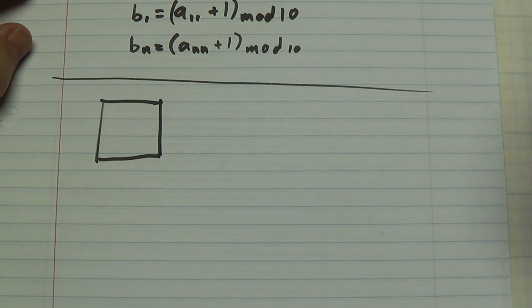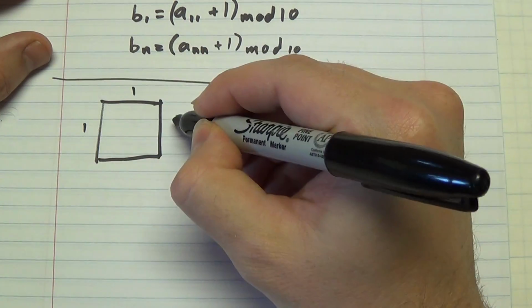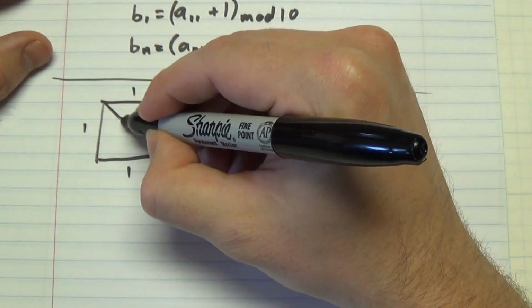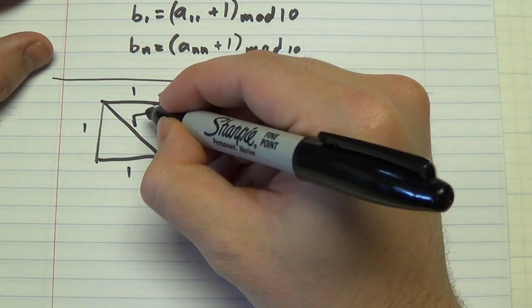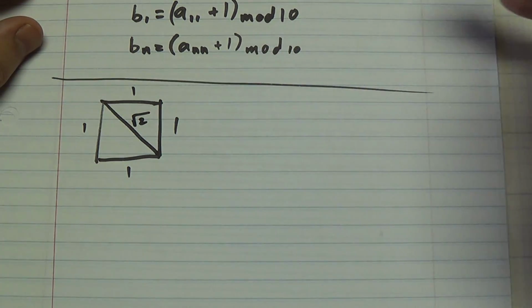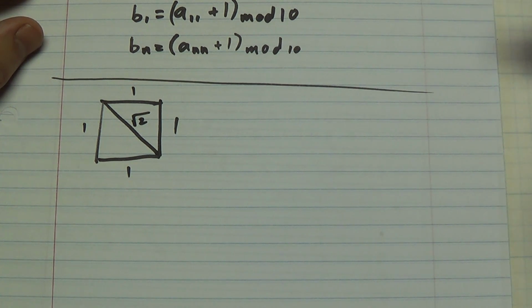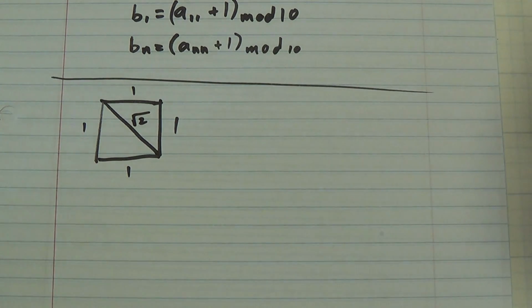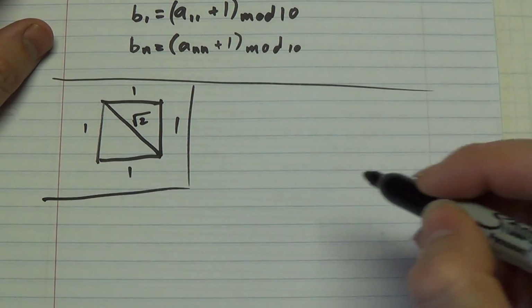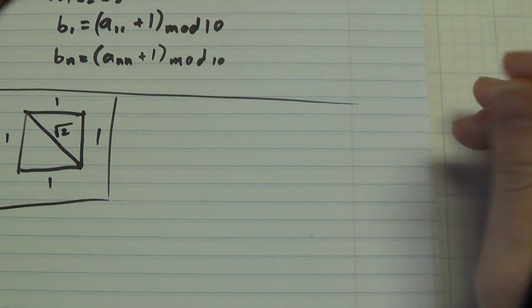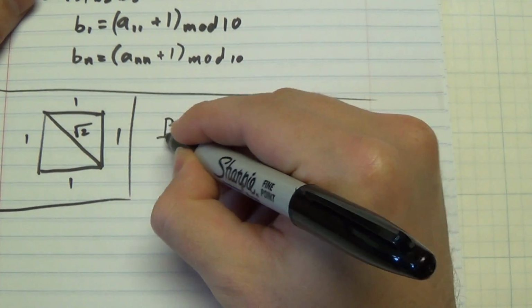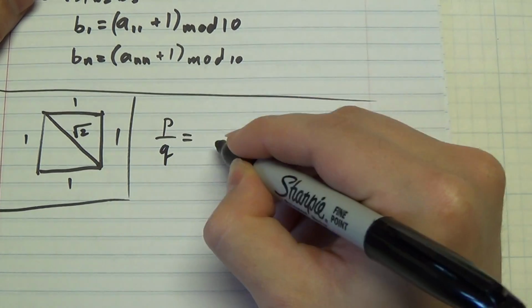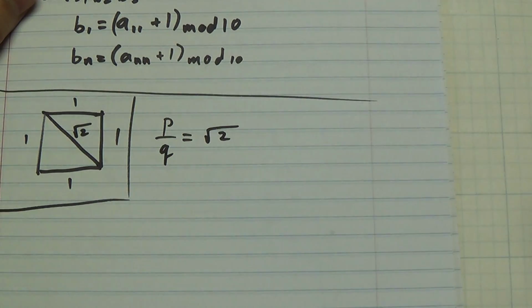To demonstrate the existence of this magnitude, I'm going to construct a square, side length 1, draw its diagonal. Now, by the Pythagorean theorem, this is the magnitude that, when squared, when multiplied by itself, gives 2. So let's assume that I'm wrong and that there is a fraction, p divided by q, which is equal to that magnitude.